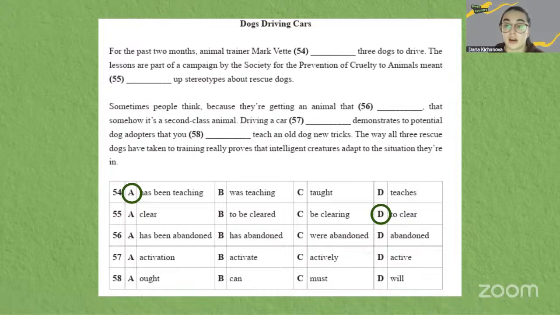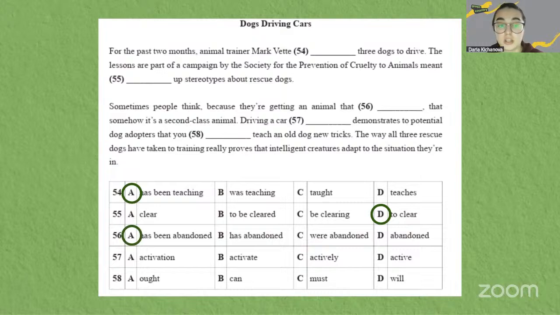And you know that animals and the word abandoned means that it is left, yeah? So this animal somehow maybe was left or has been left. Okay.